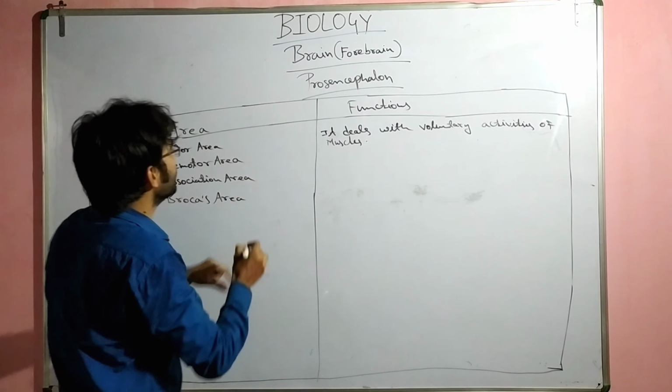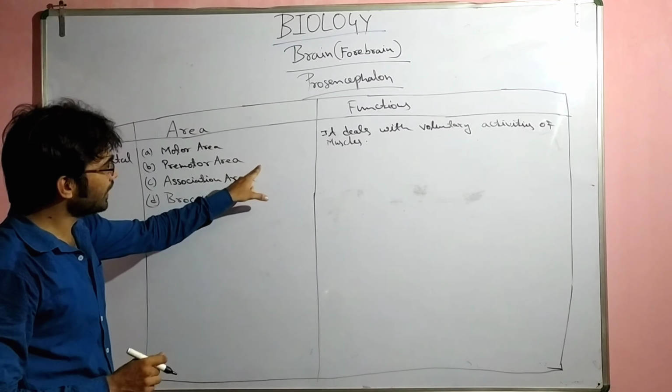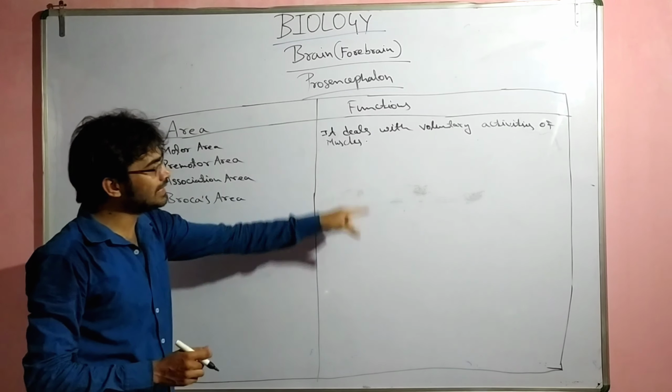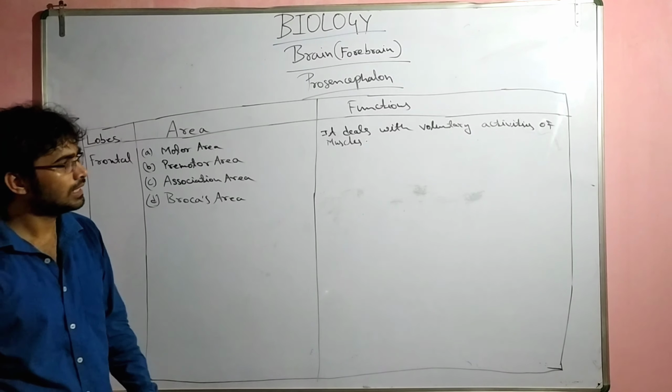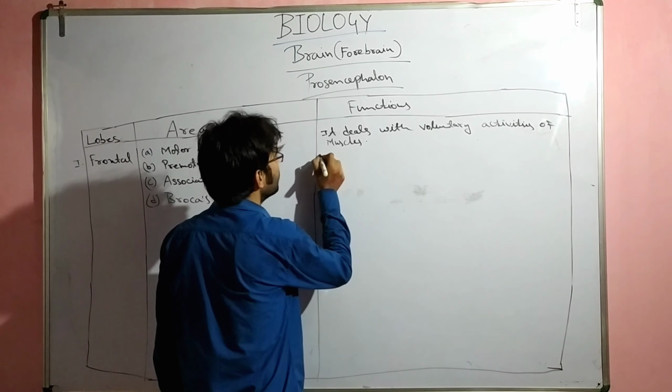Now the premotor area. The premotor area deals with the involuntary activity of muscle as well as the autonomic nervous system.